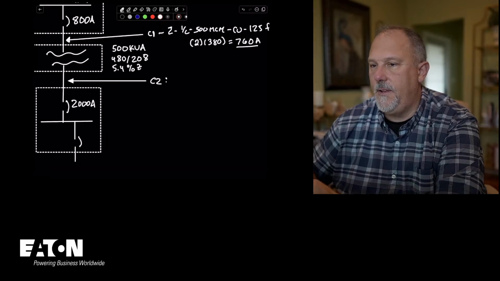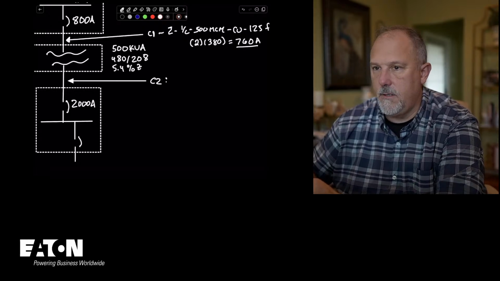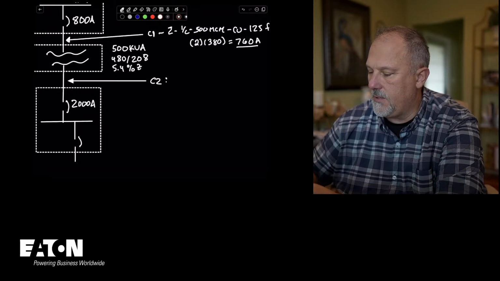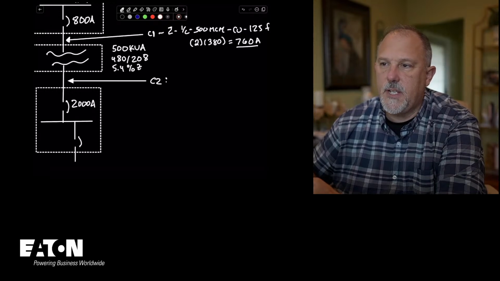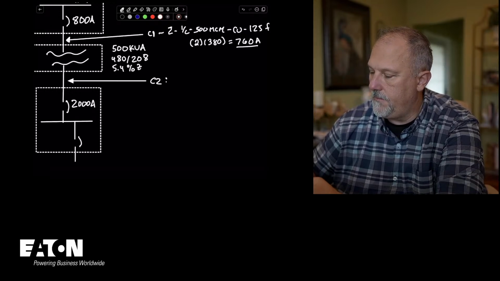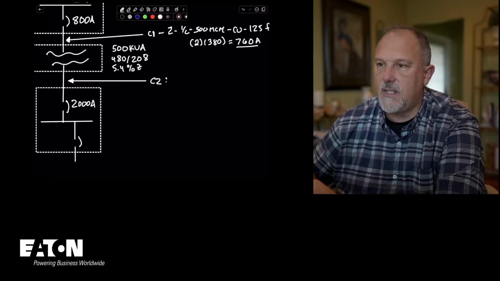So what if I did 750s? What if I did 500 MCM? 500 MCM, 2000. 500 MCM is 380 amps. That'd be 6 sets of 5.